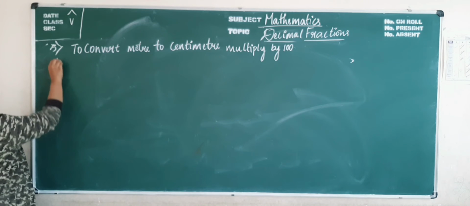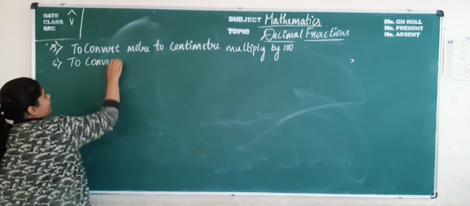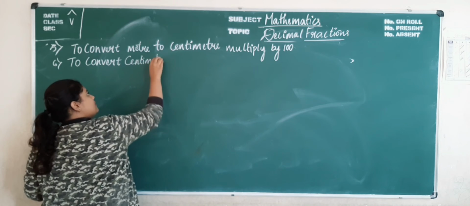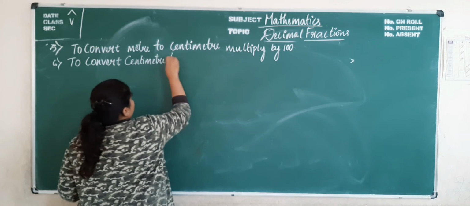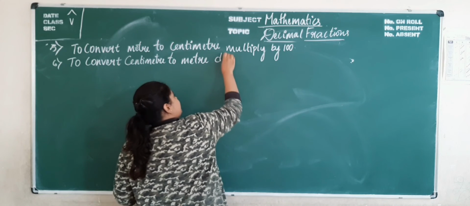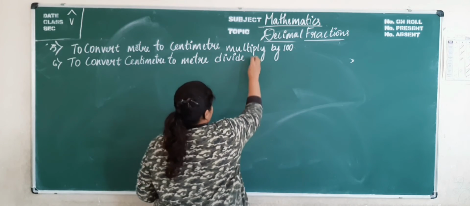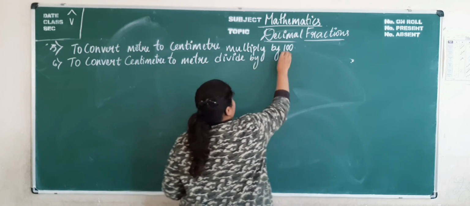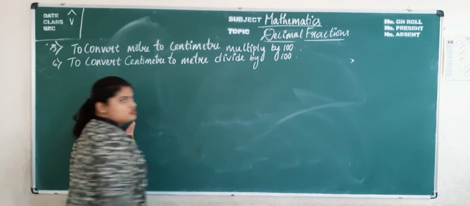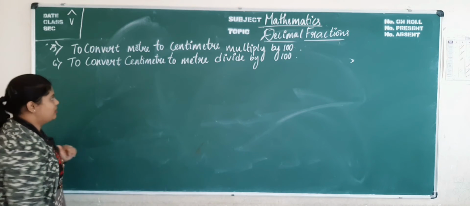Okay, next rule. To convert centimeter to meter, divide by how much? Yes, divide by 100. You have learned all these in your length chapter. We are just recalling them because these are required to solve problems in this chapter.